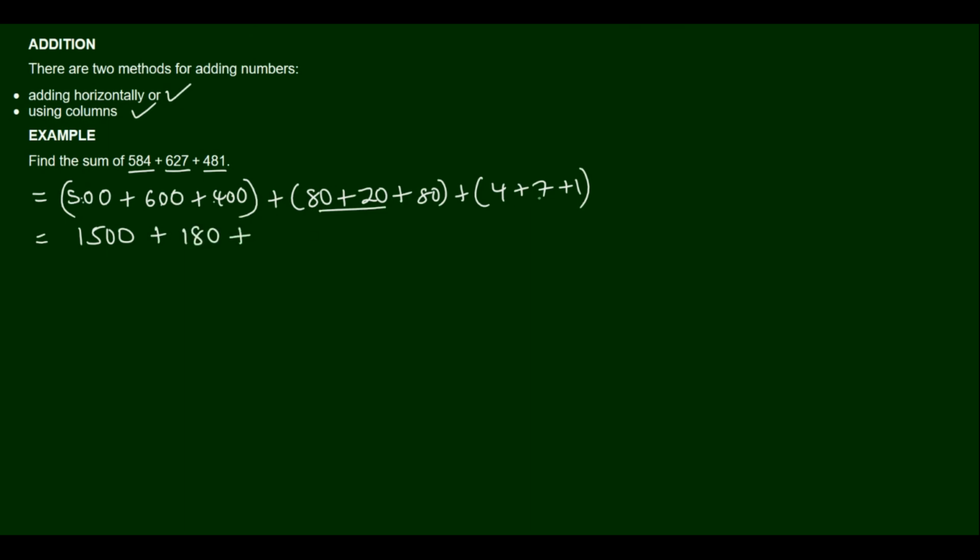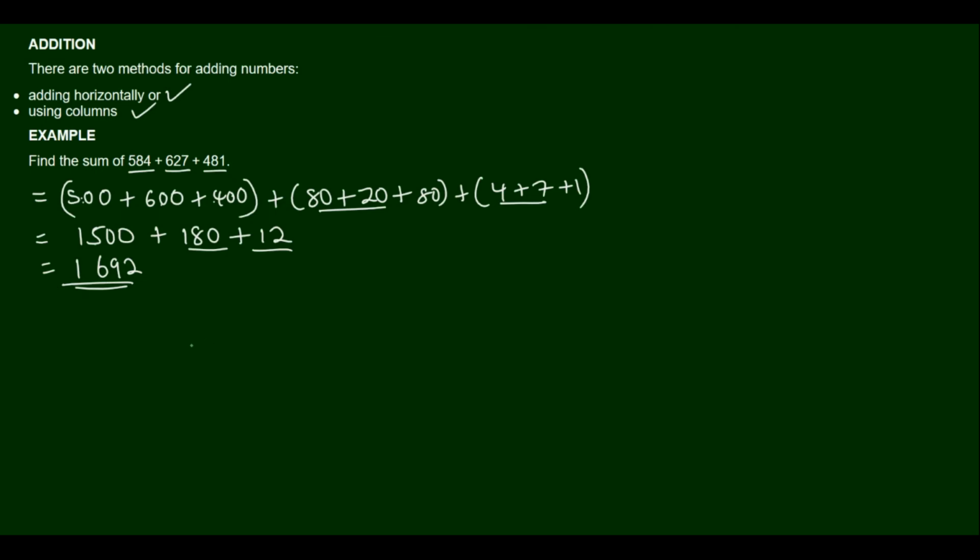Then plus the units. This is 11, 11 plus 1 is 12, right? And then this is 192. And then plus 1500 is going to be 1692. Right, that's that.